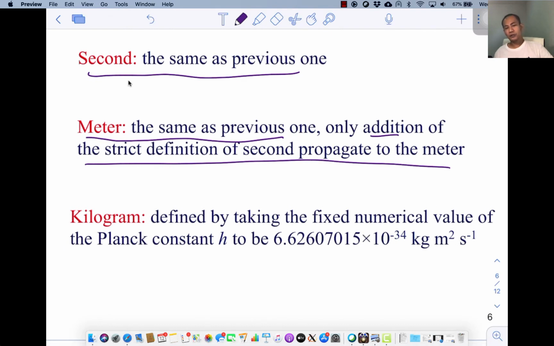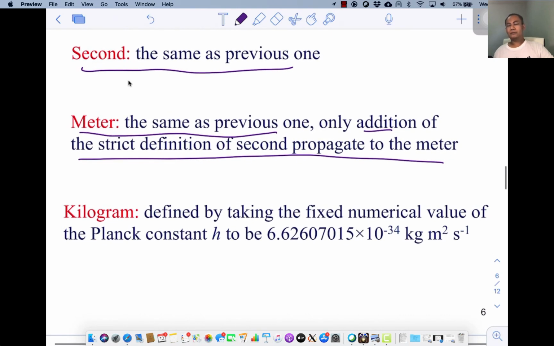We do not use the platinum iridium alloy anymore, but we use the Planck constant h to define 1 kilogram.